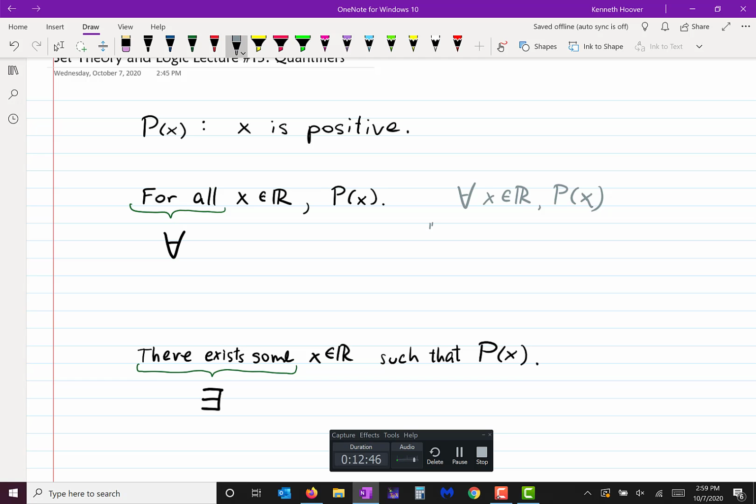Okay, that says for all x in R, x is positive.